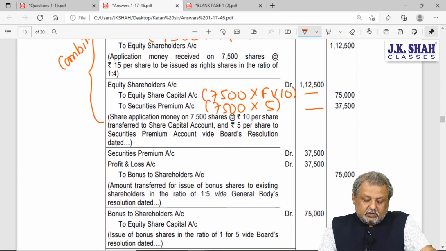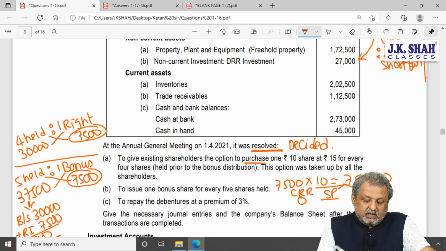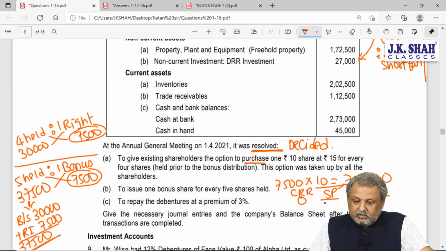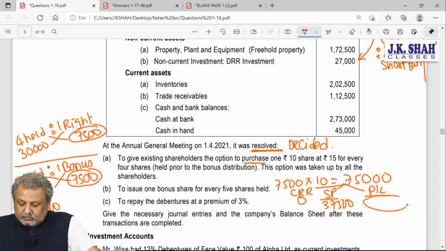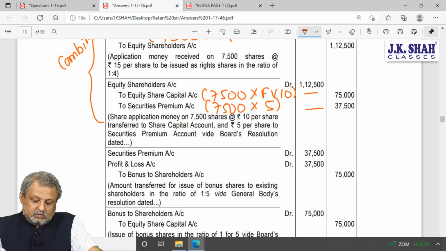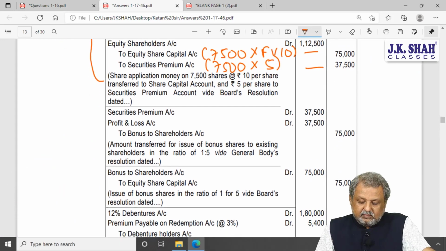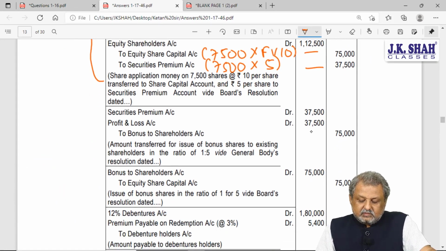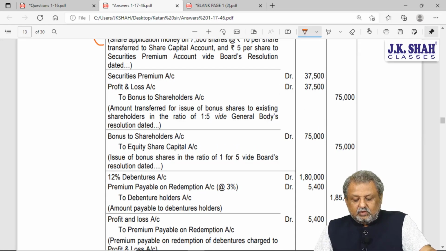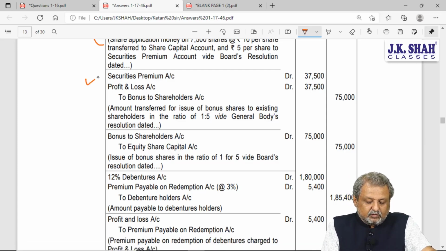Then securities premium you were not having in balance sheet earlier, but now you got 37,500. So for bonus you will use 37,500. So securities premium debit 37,500, P&L 37,500, bonus is 75. Then bonus to shareholders 75, to equity capital 75. These two entries are for bonus issue.